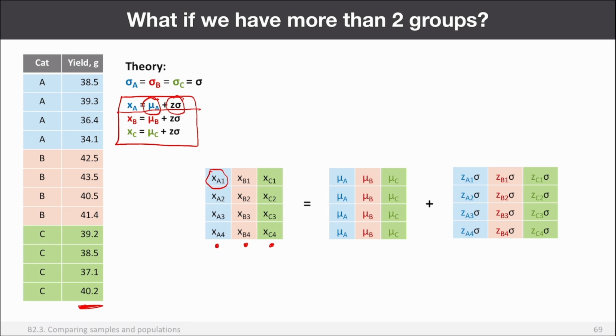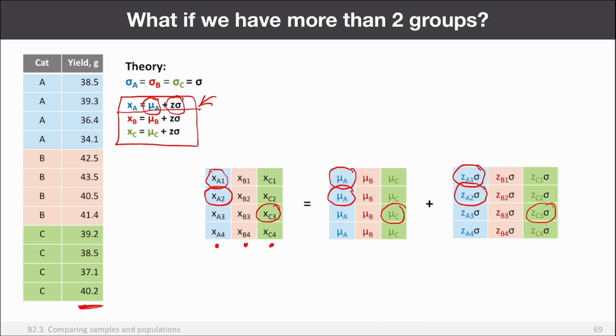That's exactly what I write here. Look, this is the expected value, and this is the random part. Now, this value came from the same population, so the expected value will be the same, but the random part will be different. This value came from a population with this expected value, and this is the random part. So I simply wrote these expressions for all values in my particular sample.